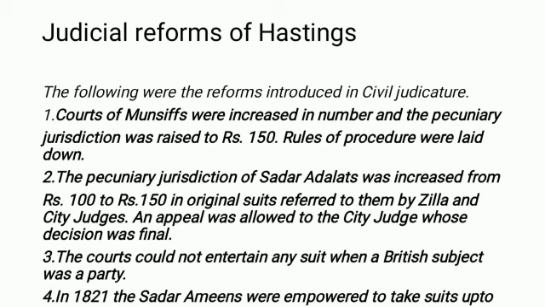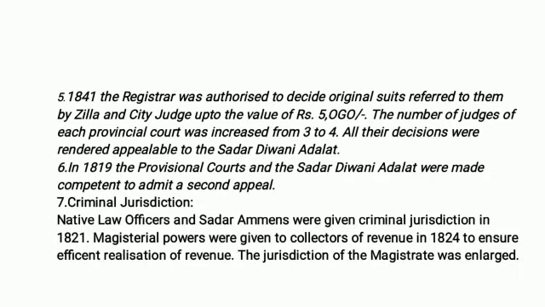Number 3, the courts could not entertain any suit when a British subject was a party. Number 4, in 1821, the Sadar Amins were empowered to take suits up to rupees 500. In 1841, the registrar was authorized to decide original suits referred to them by the Zilla and city judge up to the value of rupees 5,000.